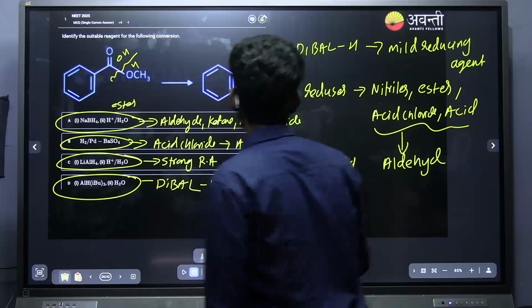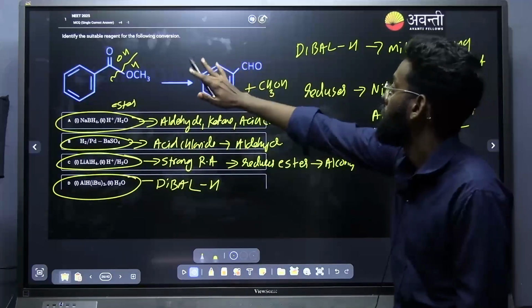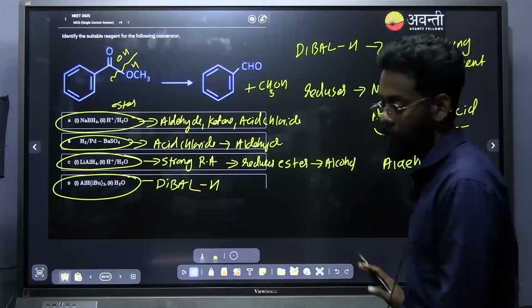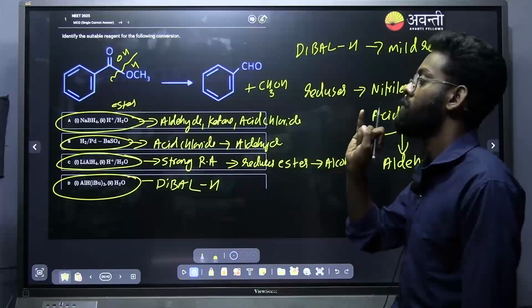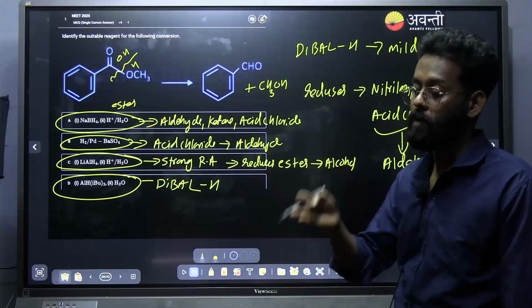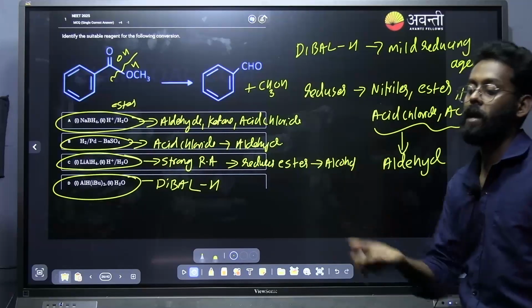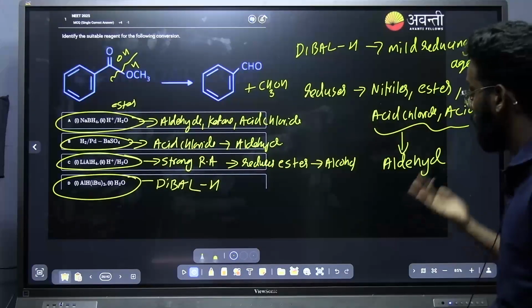It's a strong reducer. Most functional groups will be reduced by lithium aluminum hydride to alcohol. Nitrile will be converted to amine and amide will be converted to amine. That's the only difference. And alkyl halide will be converted to alkane.